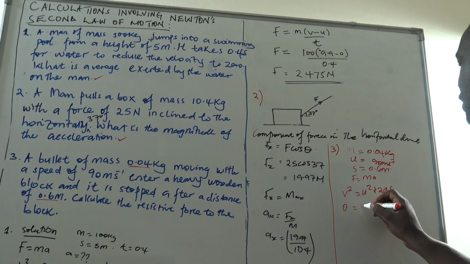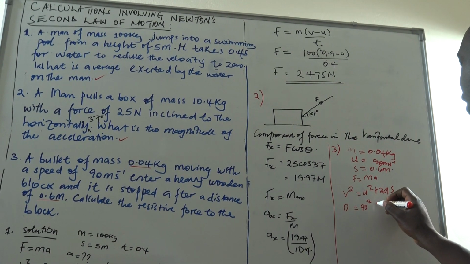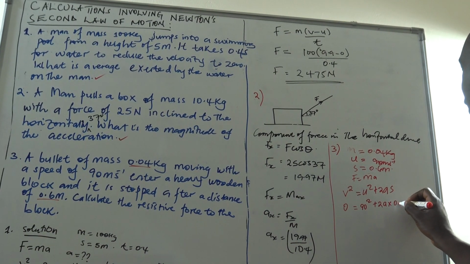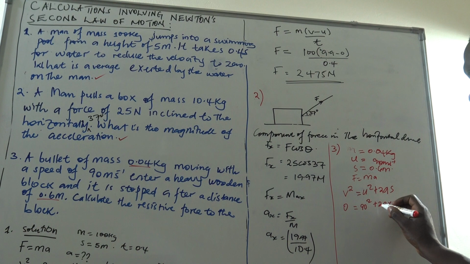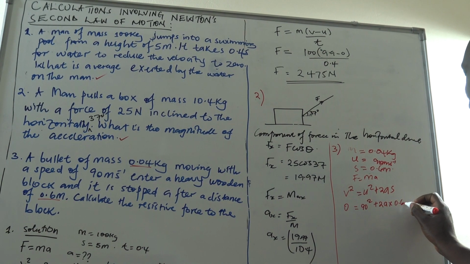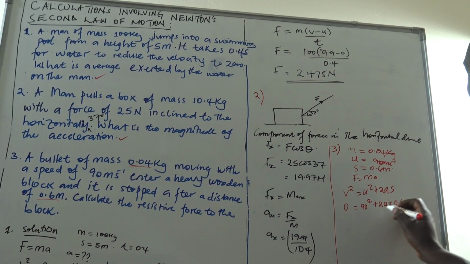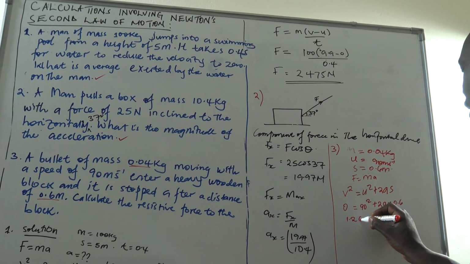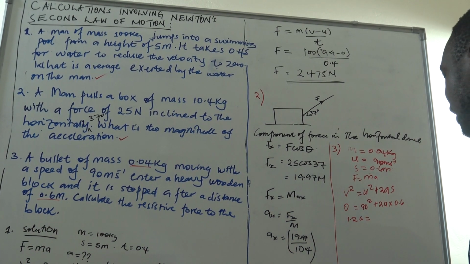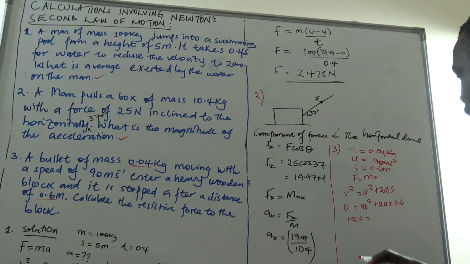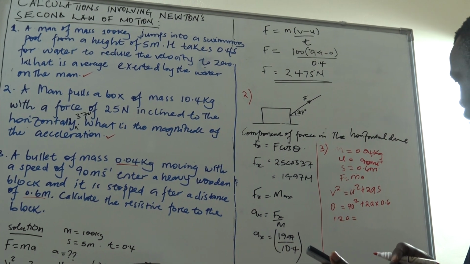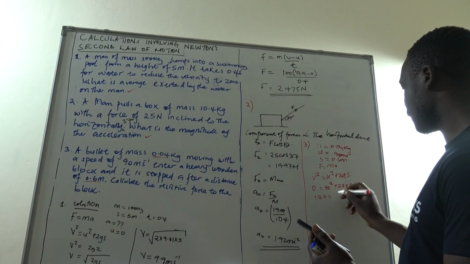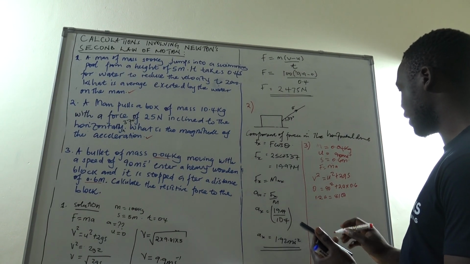Therefore, 0 is equal to the initial velocity squared plus 2a times the distance, which is 0.6. So 2 times a times 0.6 gives 1.2a, which is equal to negative 90 squared. 90 squared is 8,100.